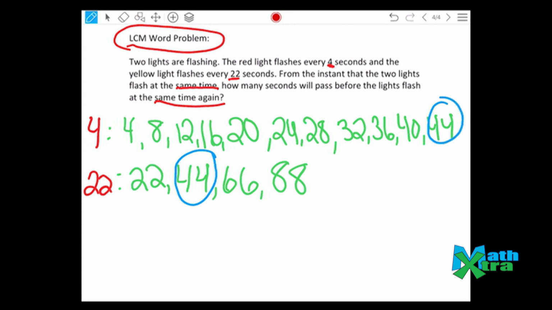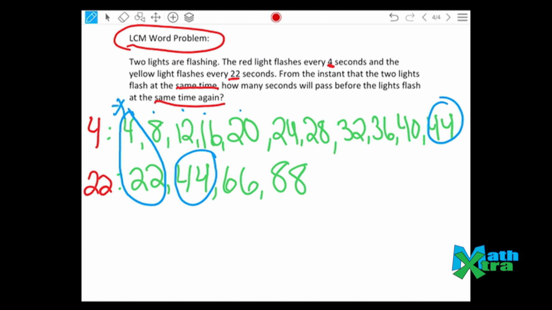So let's bring this all together. The problem asks how many seconds will pass before the lights flash at the same time again. Remember, this is the first time. So light number 1 flashes every 4 seconds. It's flashing, it's flashing, it's flashing, it's flashing. Makes sense? Light number 2 flashes every 22 seconds.